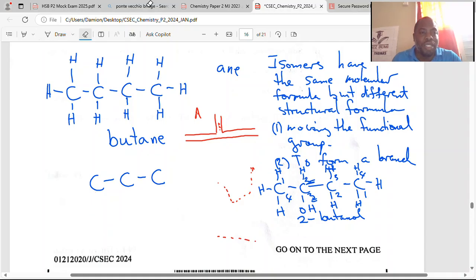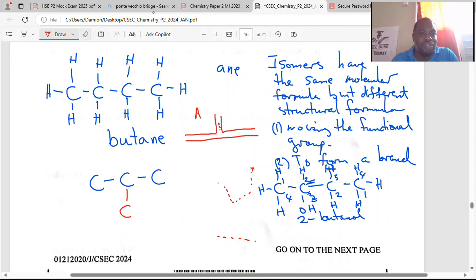We can't put it here either, because I'm still going to get butane. The only other option is to place it on the carbon that is in the center, and that's right here. Now, watch me.